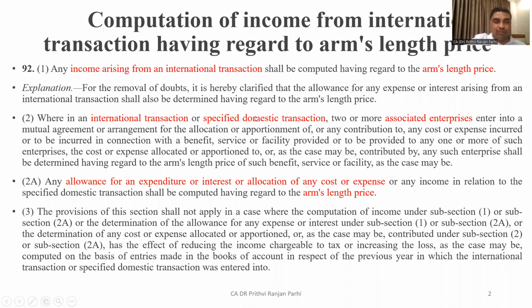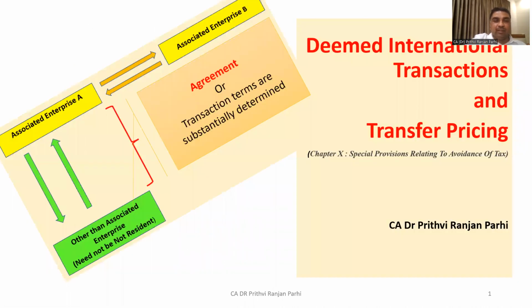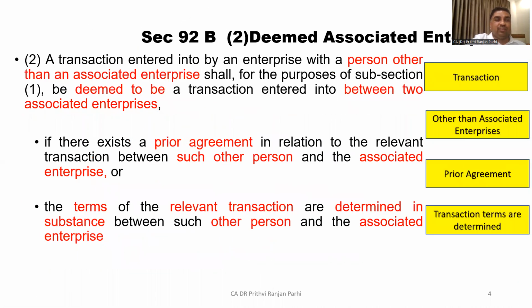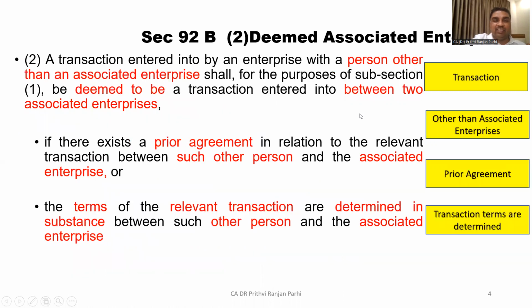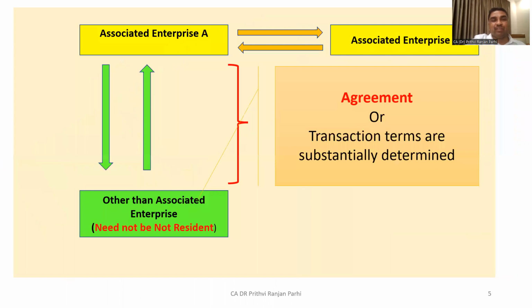But when coming to the next provision, 92B(2), those terms are missing, that either or both of them should be non-resident. So even if the party is not a non-resident but a normal resident, still this provision gets attracted. This is the concept you have to remember.